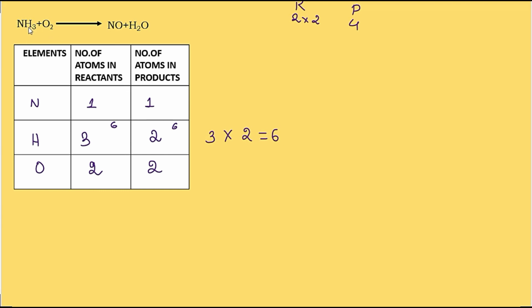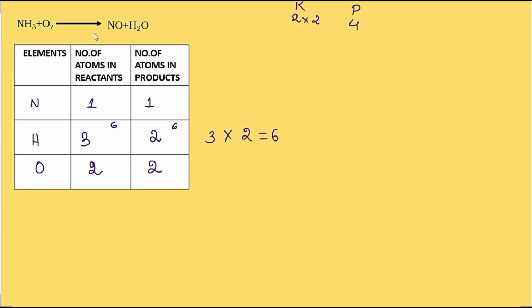So, see here, in the reactant side, hydrogen atoms is 3, so if we multiply it with 2, and in the product side it is 2, if we multiply it with 3, then both of them will become 6 and hydrogen atoms will be the same for both sides.